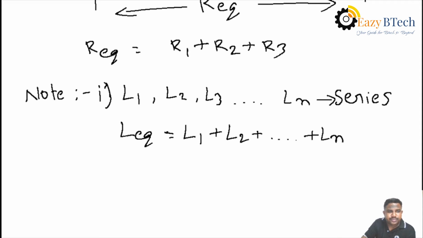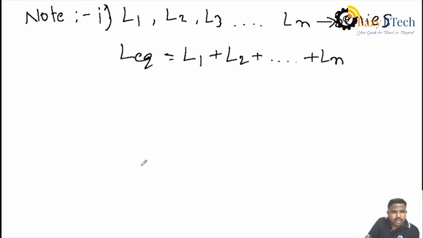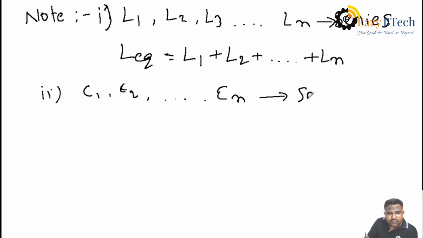Similarly, if capacitances C1, C2, and so on up to Cn are connected in series, how do we find the equivalent capacitance?